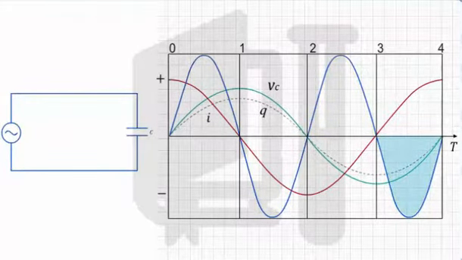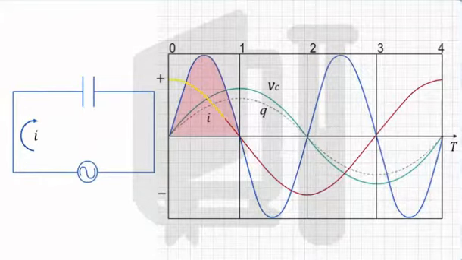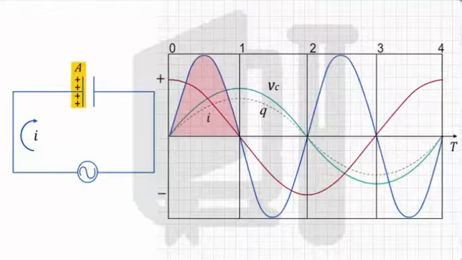In the first time interval, 0 to 1, the value of the current keeps decreasing in the circuit from being maximum at time t equal to 0 and reaching 0 at 1, at 1/4 of its time period. By the end of this time segment, plate A gets fully charged with positive charges and plate B with negative charges, and they oppose any further current in the circuit.